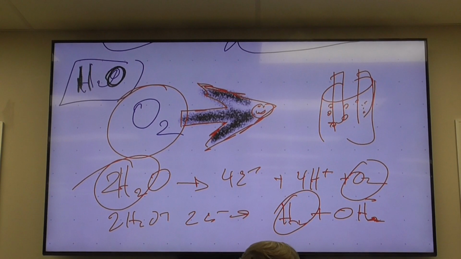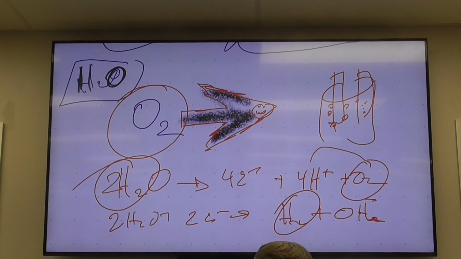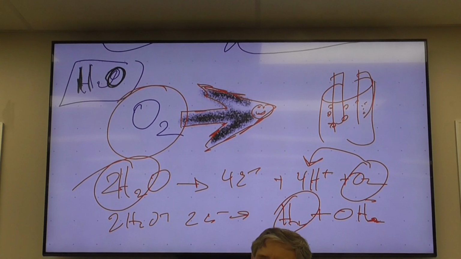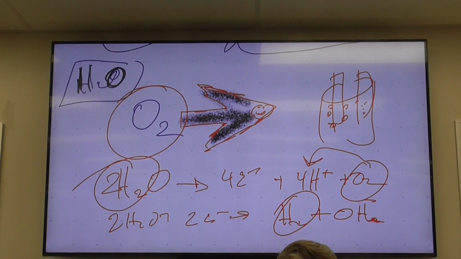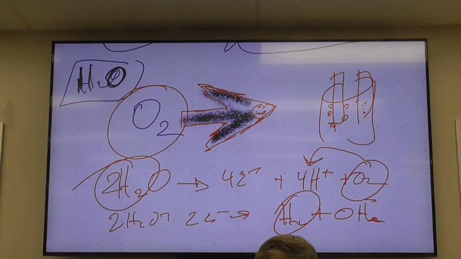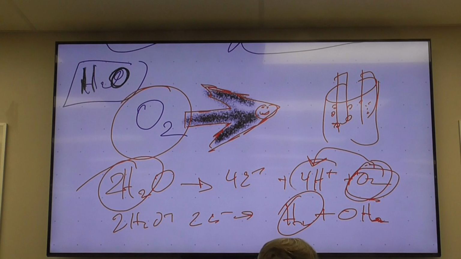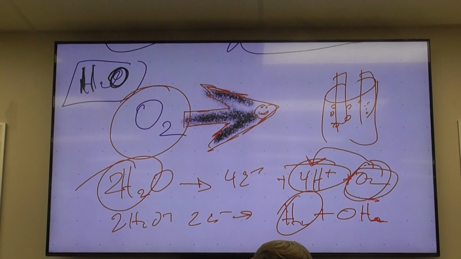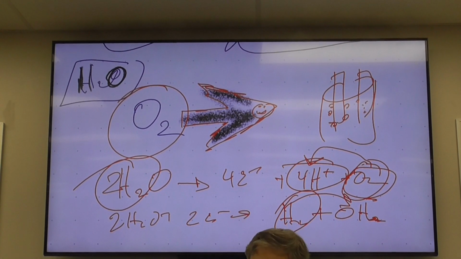Now, associated with that, the one that does produce oxygen, you're gonna produce hydronium ions. When you produce hydronium ions, that's gonna make the solution acidic or basic? Acidic. So, oxygen is associated with hydronium ions. Hydrogen is associated with the production of hydroxides.